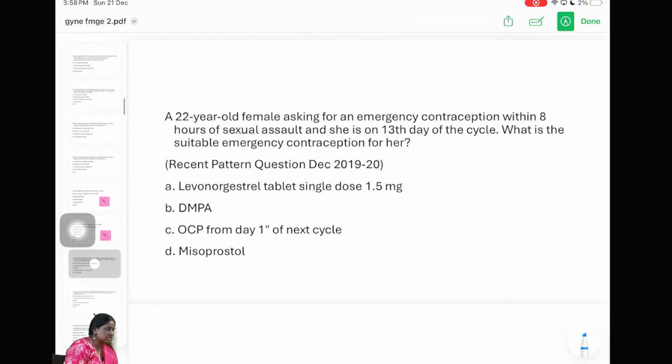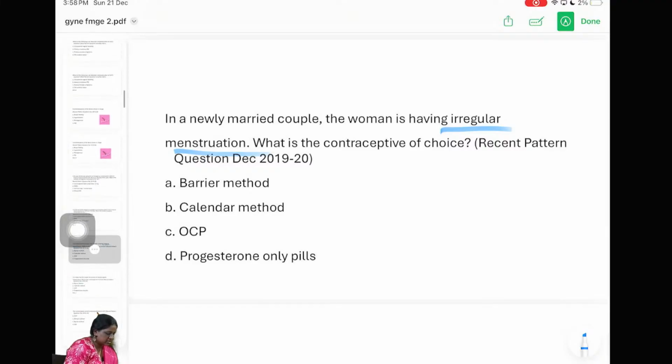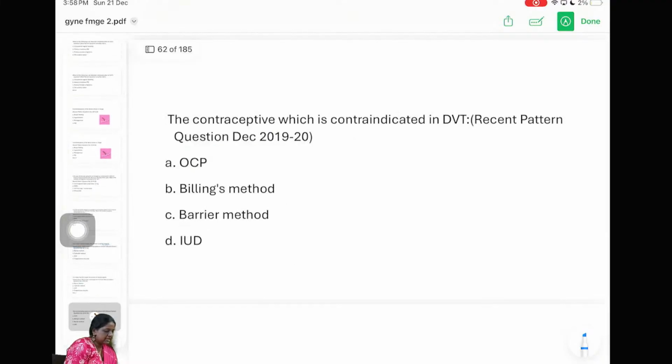Levonorgestrel, single dose tablet, 1.5. Irregular menstruation. What is the contraceptive of choice? OC pills. OC pills is correct at least. Contraindicated in DVT.